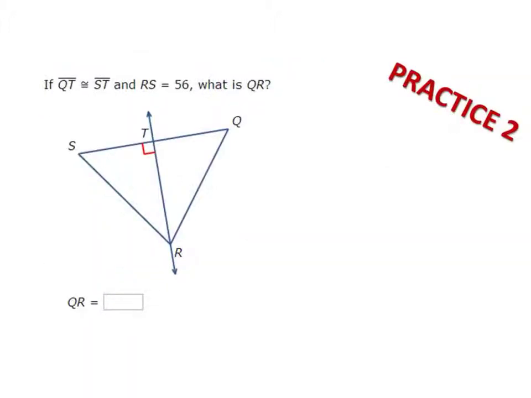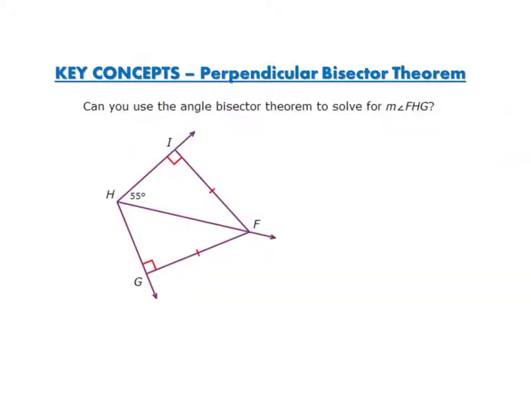Here's your question. If line segment QT is congruent to line segment ST and RS equals 56, what is QR? This question says, can you use the angle bisector theorem to solve for the measurement of FHG?